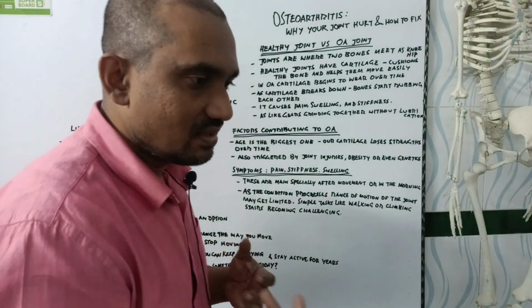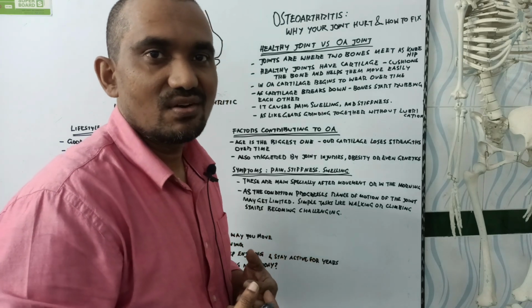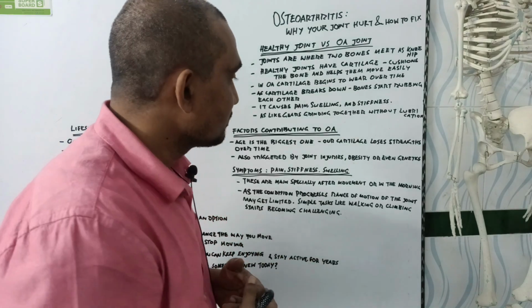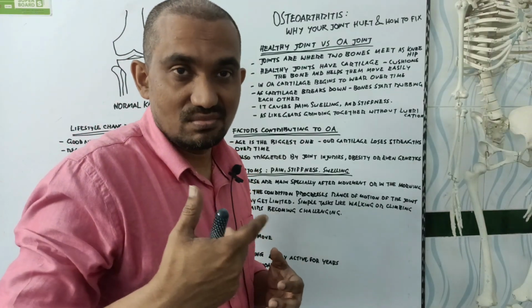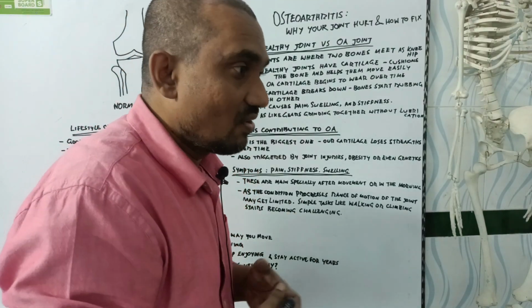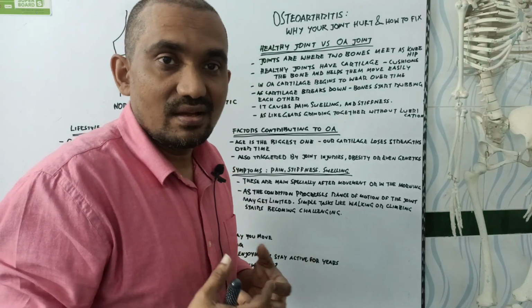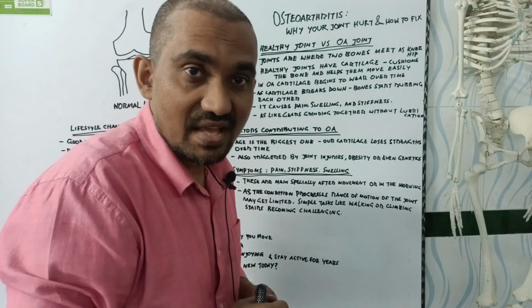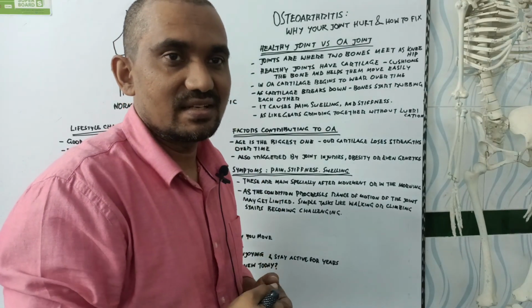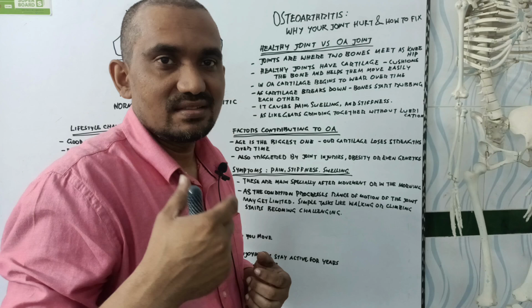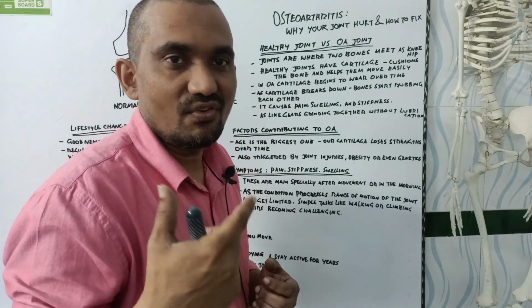Sometimes genetics create early wear and tear of the joint or cartilage, and obesity is another factor. Due to being overweight, the joints experience extra load, and as a result the joints begin to wear and tear early.